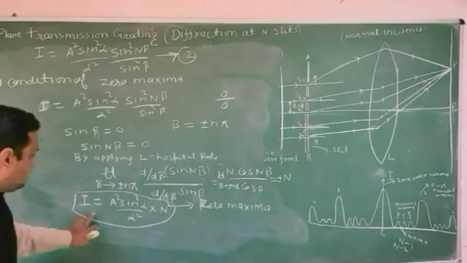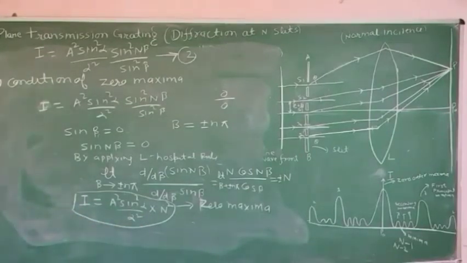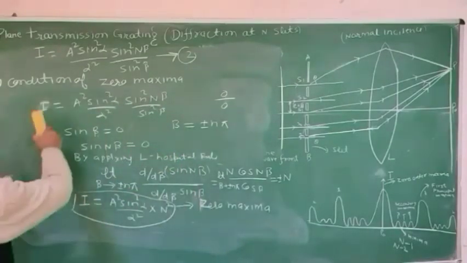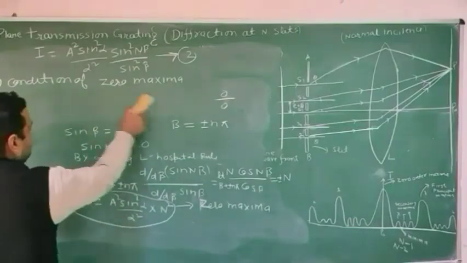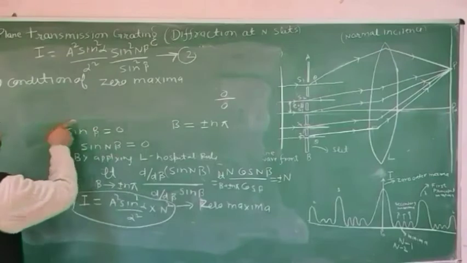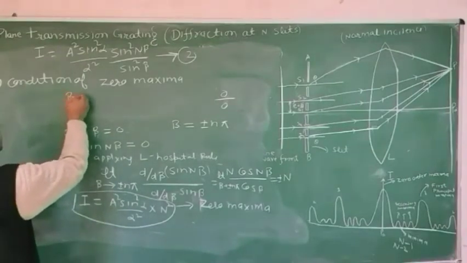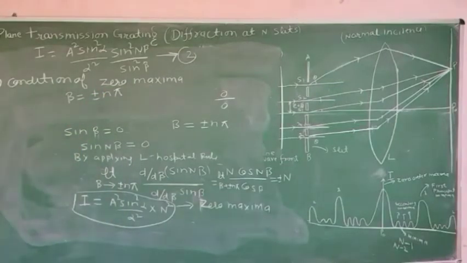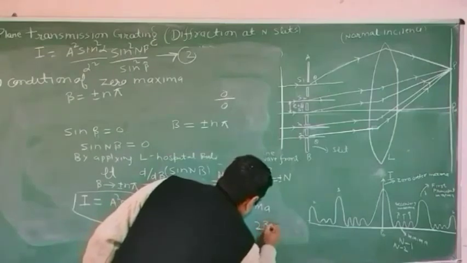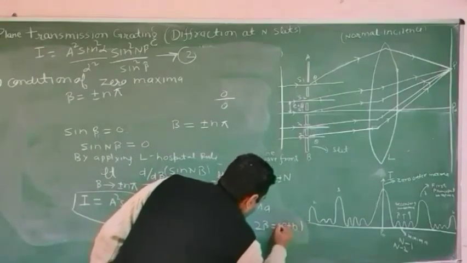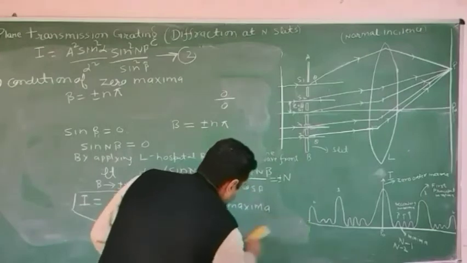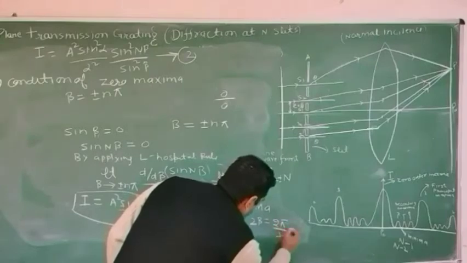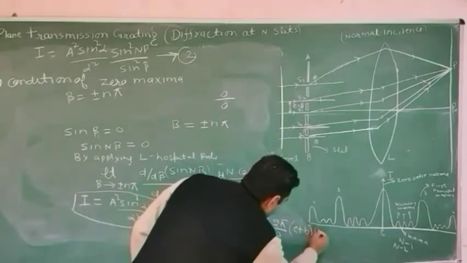Understand? Now this intensity has its position when sin beta is equal to 0, so beta is equal to plus minus n pi, and what is beta? 2 beta is equal to 2 pi upon lambda times (e plus b) sin theta.